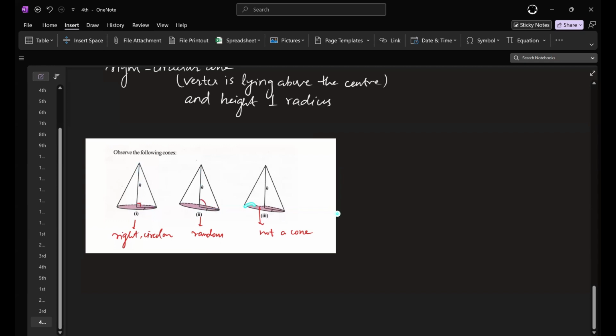And if this surface, let's say for example, is irregular, even if the angle is 90 or not 90, it does not matter at all. If any of the surfaces, either the base or the curved surface surmounting the base, or both of them are irregular in nature, then that figure we would not call a cone. Okay? Okay. Any doubts?